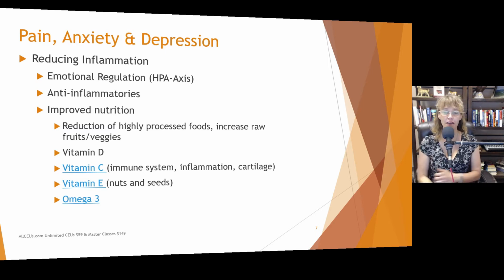So vitamin C is great as a primary prevention for things like different types of arthritis. Vitamin C can be found in your fruits, in your vegetables. It's pretty ubiquitous. Vitamin E is found in nuts and seeds, as well as omega-3s. These are also both associated with reductions in inflammation.